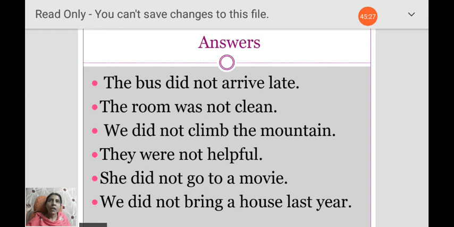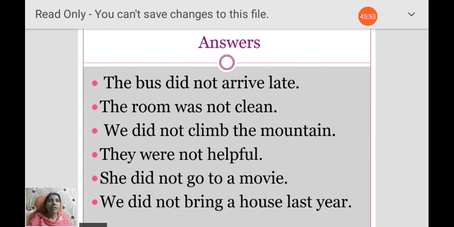And the next one is, we bought, okay, we brought a house last year. So here an error is there. We did not buy, not bring.